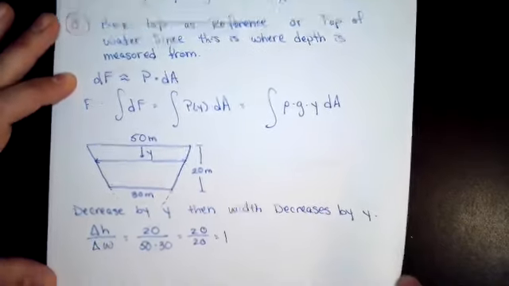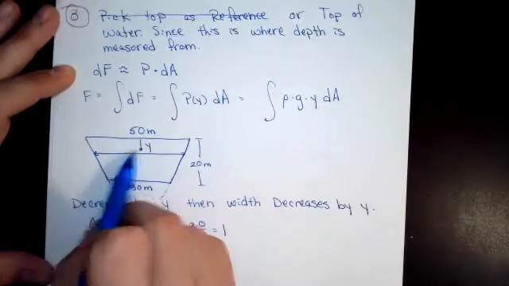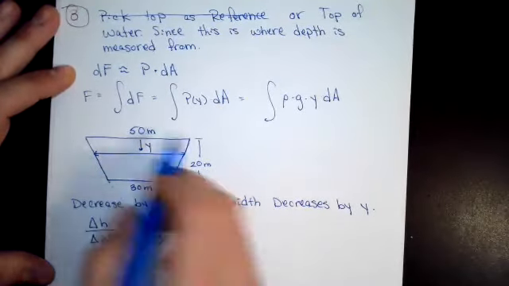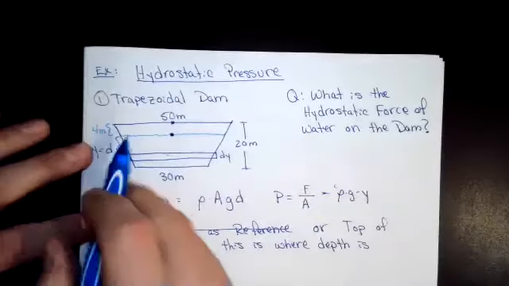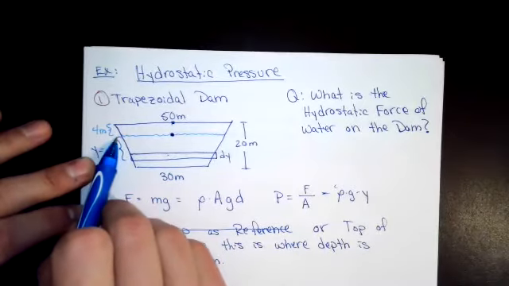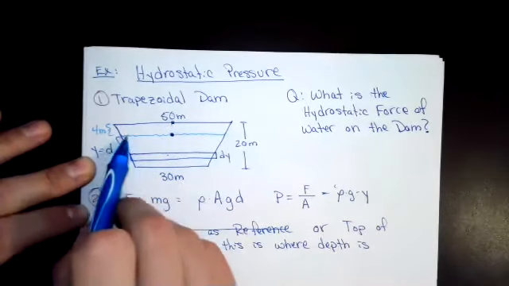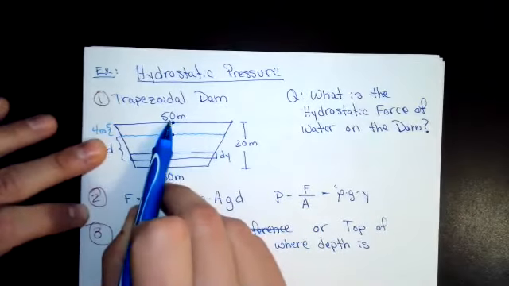Wait, let me go back to our original picture. They change in a 1-to-1 ratio. If I am 4 meters below the surface, then the width should be 4 meters less than what I started with.